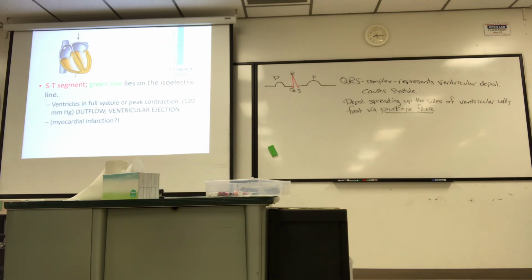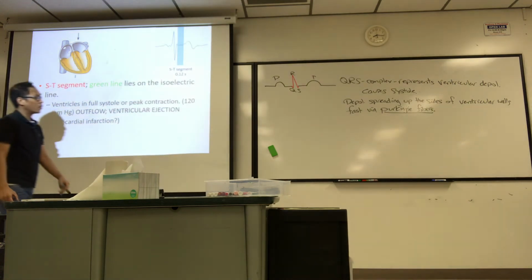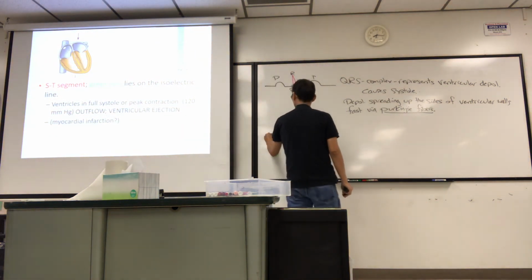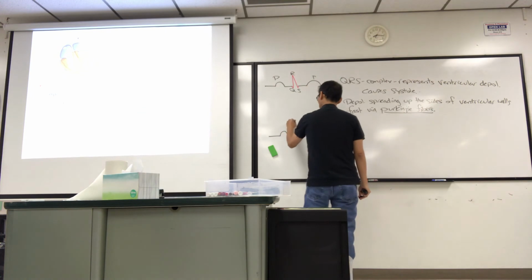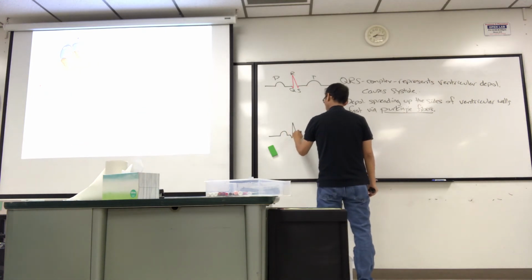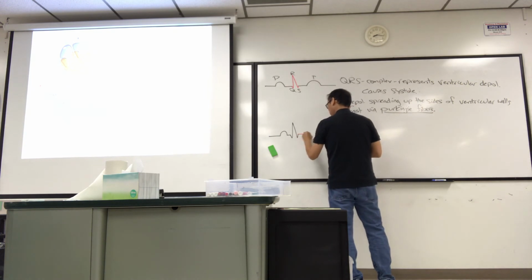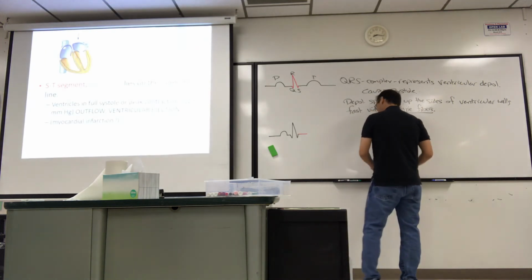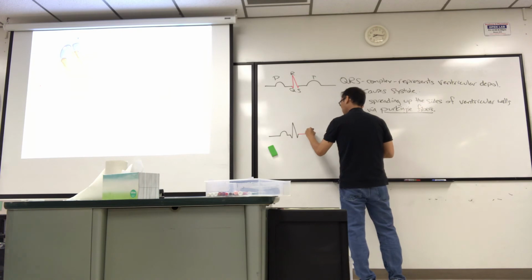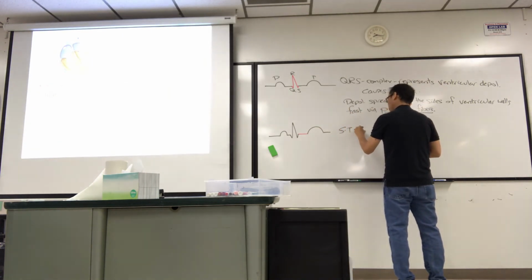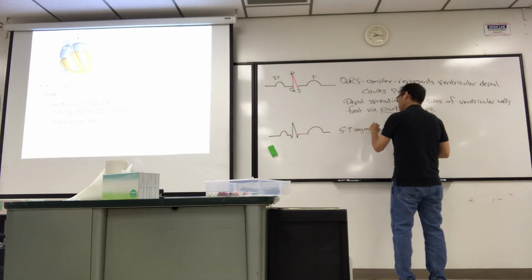And after QRS is something called the ST segment. That flat segment between QRS and the T wave, boom, right there. It's called the ST segment. This is important to measure.